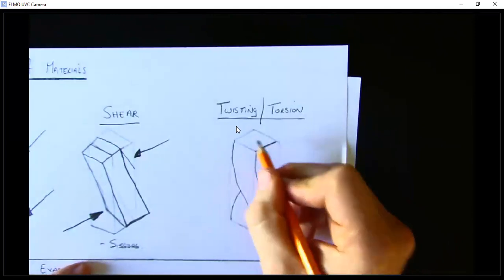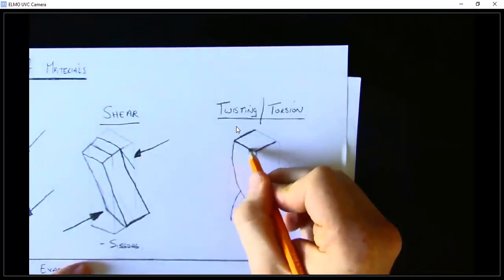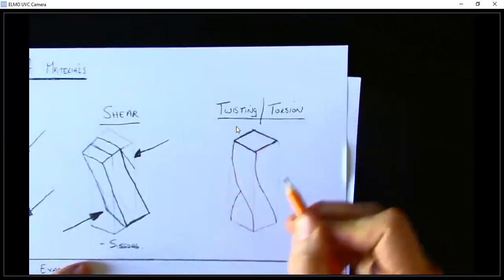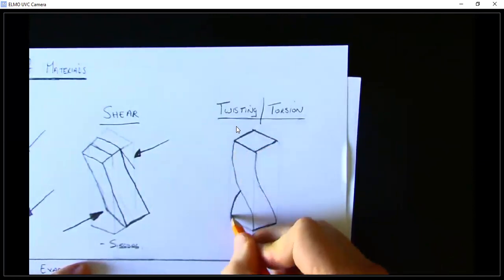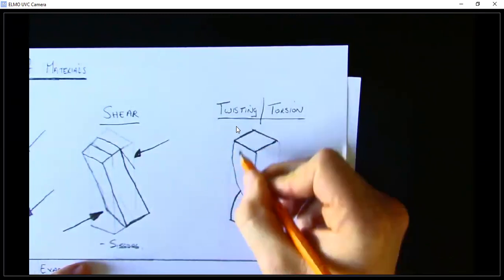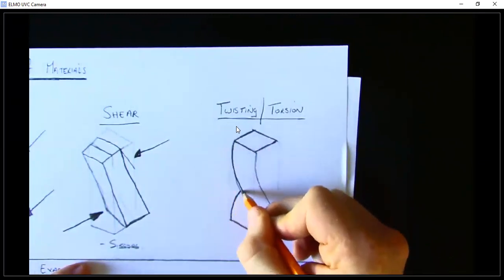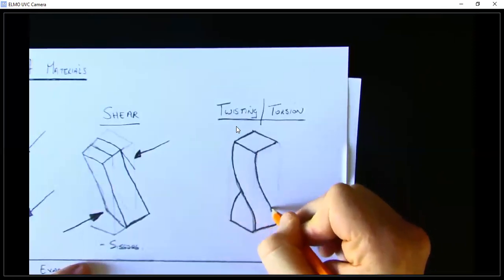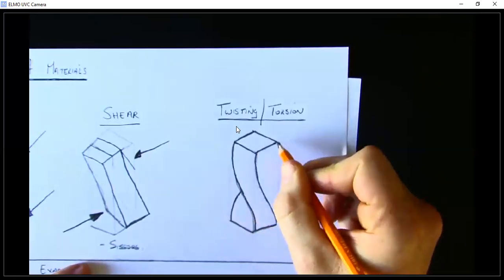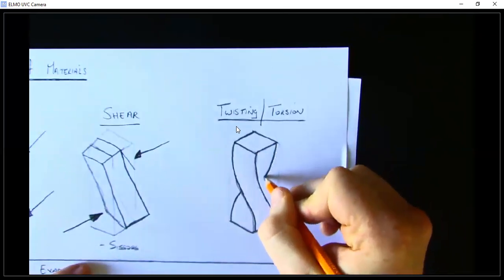All you're doing is trying to create the illusion or the image of the piece coming into torsion or twisting, which is basically when we have two hands together and we're twisting something. This will be curving back over here.